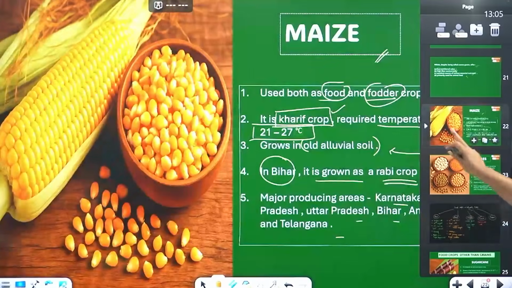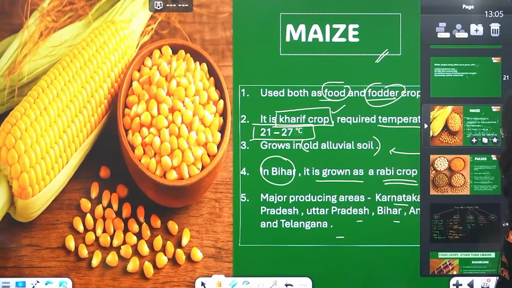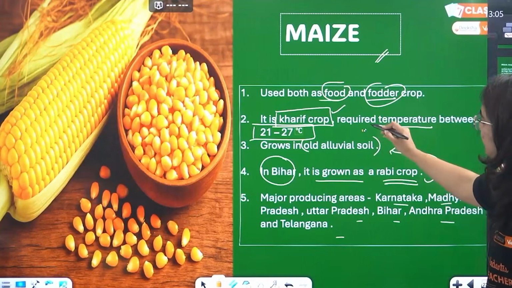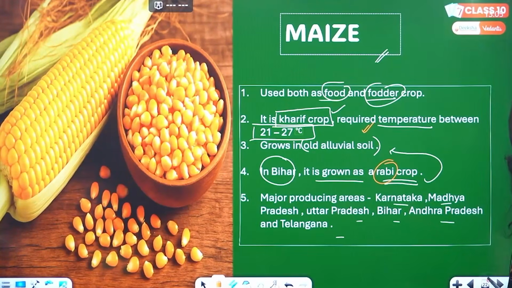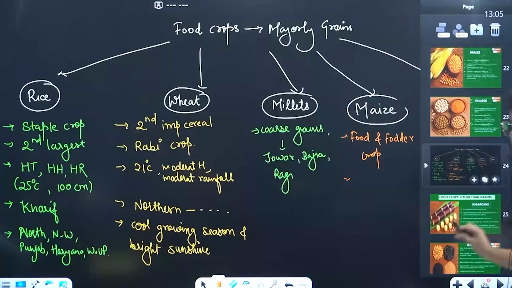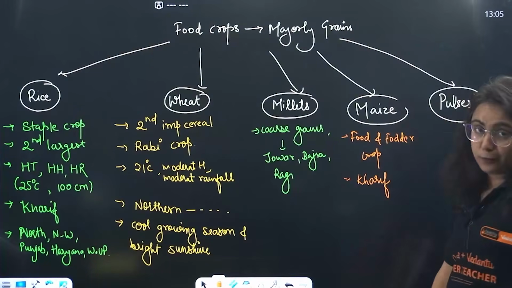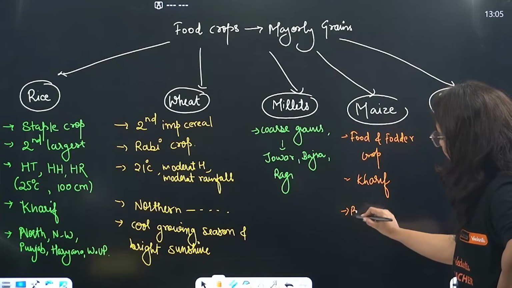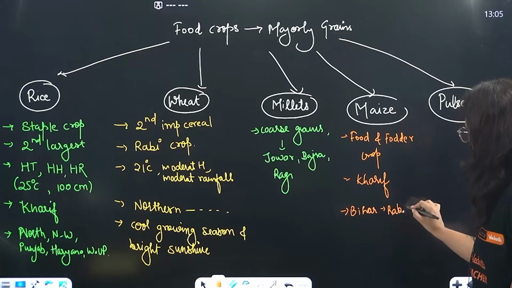It is a kharif crop. However, in Bihar, there is an exception: it is a rabi crop. These are the important pointers to be listed here.